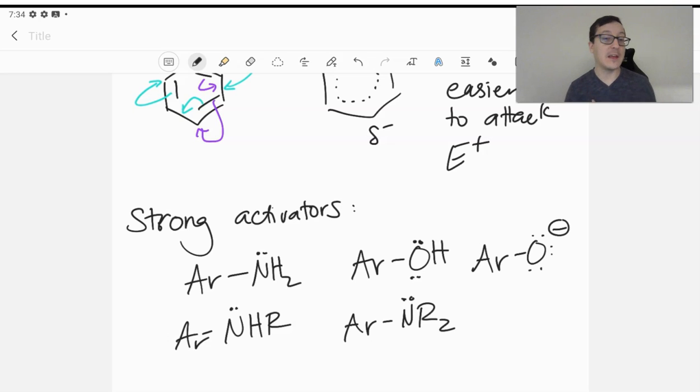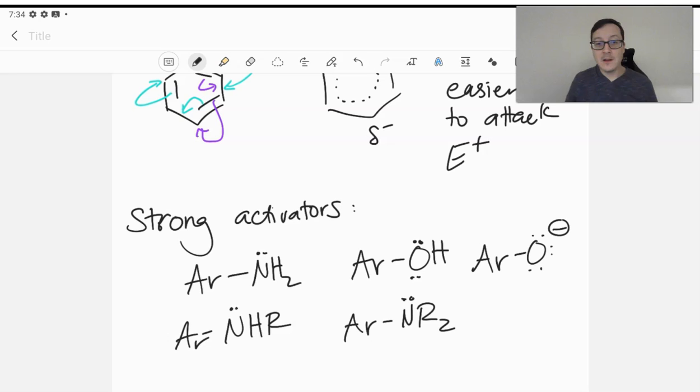So much so that if you take aniline and try and brominate it, first off, you do not need the Lewis acid. It's going to go by itself. Secondly, you're going to end up putting a bromine at all 3 positions, both orthos and the para position. All 3 will attack a bromine.